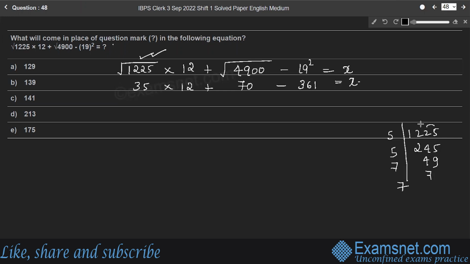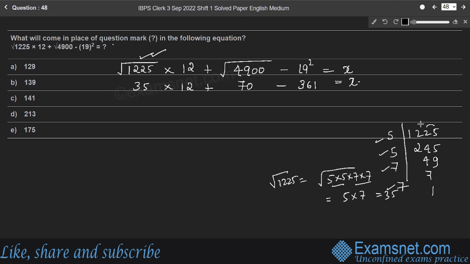Therefore 1225 can be written as 5 into 5 into 7 into 7. Therefore, root of 1225 is root of 5 into 5 into 7 into 7, which is 5 and 7, as they occur twice here. Therefore, 5 into 7, 35, is root of 1225, right?